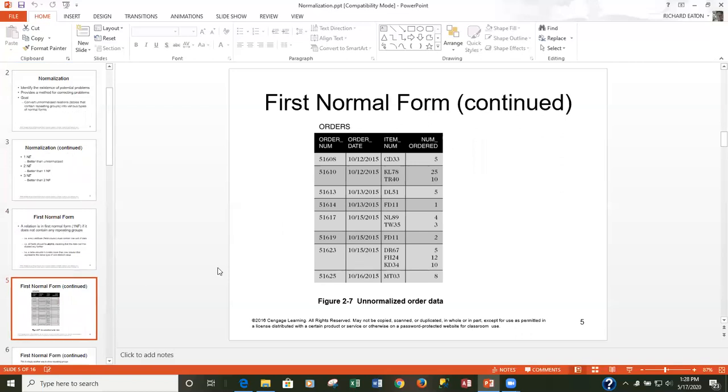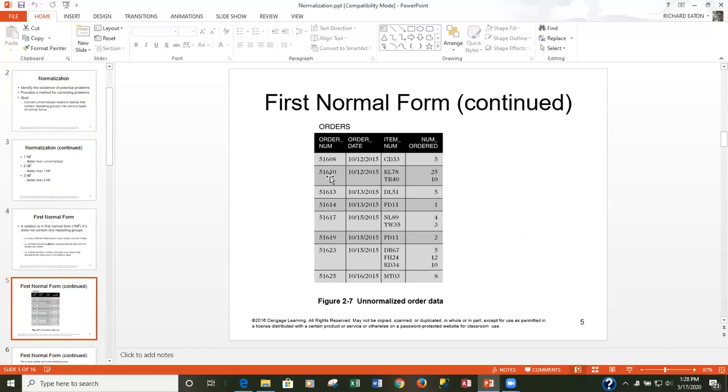Here's an example of an orders form. It's logical that if a customer orders something, they're going to have oftentimes more than one item on their order, and we need to know how to deal with that in our database. In this case, this particular table has a situation where a particular order has more than one item on it.